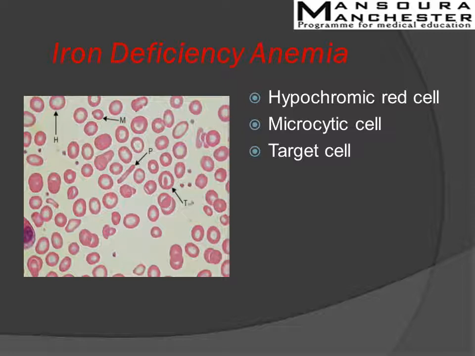For example, I have to order abdominal ultrasound, urine analysis, chest x-ray, and sometimes I may go for CT scan. These are important items I have to fulfill, together with looking for nutritional or poor diet as a cause of iron deficiency anemia. If we need to do a bone marrow, in patients with iron deficiency anemia I will find decrease in the iron stores in the macrophages.